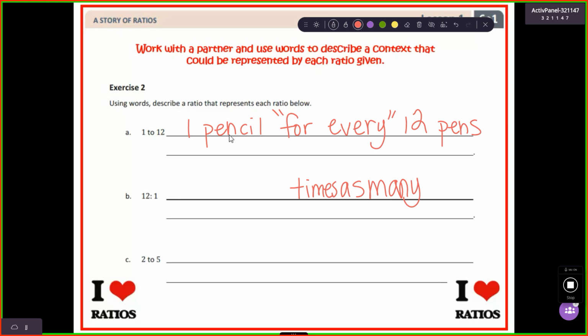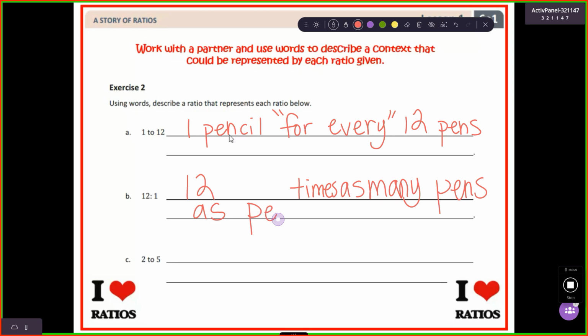So you can say there are 12 pens. Nope. Oh, no. That doesn't make sense. Back it up. 12 times as many pens as what?